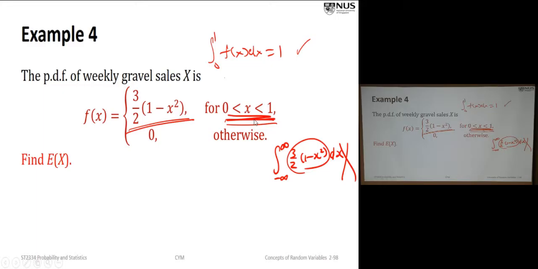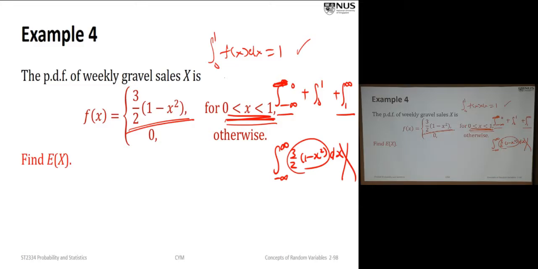Outside it, it is 0. So you have to partition the real line into 3 parts: from minus infinity to 0, from 0 to 1, and then from 1 to infinity. You have to add these 3 integrations. But this part and this part will give you 0 because the PDF is 0.